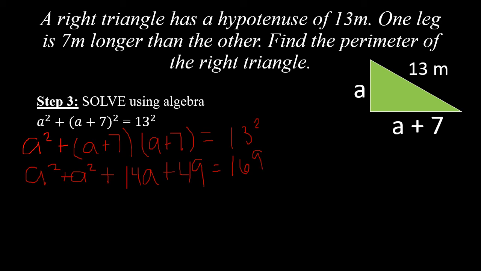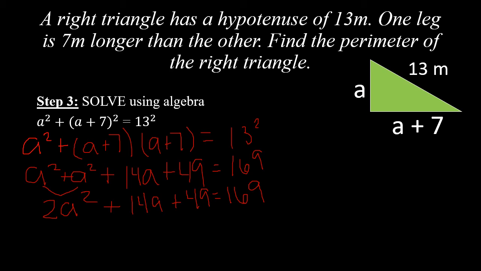So now let's combine our like terms. We can combine our a squareds to give us 2a squared, right? We have a squared plus a squared, so that gives us 2a squared, plus 14a plus 49 equals 169.